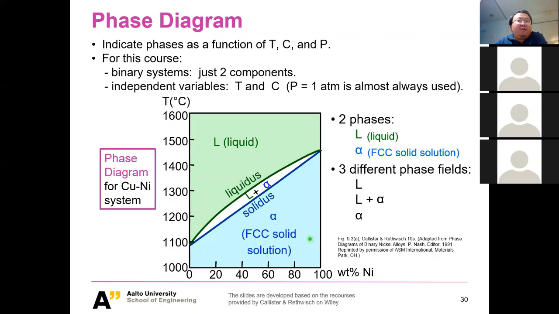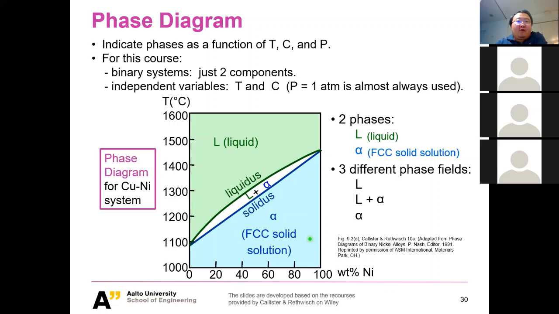They are called phase diagrams. I'm giving you the phase diagram that we refer to in our lecture. We use a phase diagram to indicate phases as a function of temperature, composition, and pressure. But we usually neglect pressure in our course. The pressure is always ambient pressure, 1 atm.